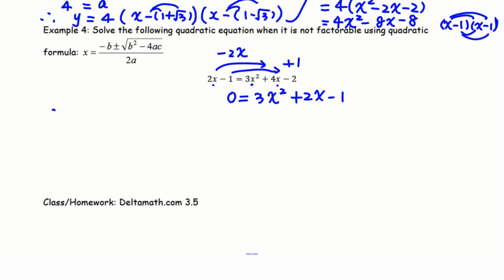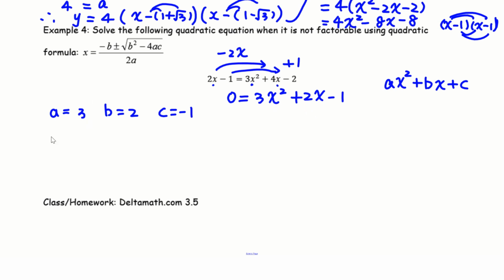Then we have a equals 3, b equals 2, c equals negative 1, by comparing this one with standard form, ax squared plus bx plus c. Once we have the a, b, c, there's only numerical values, no variables, just the number in front of the variables.